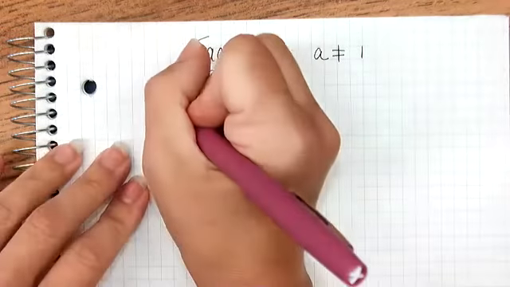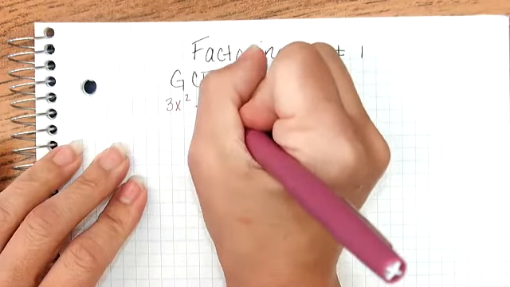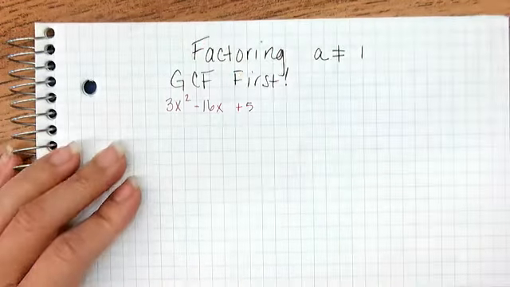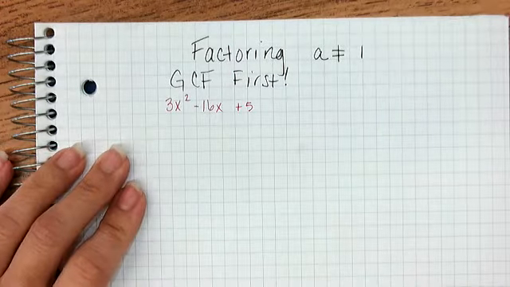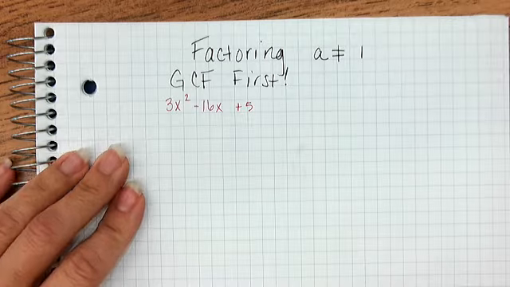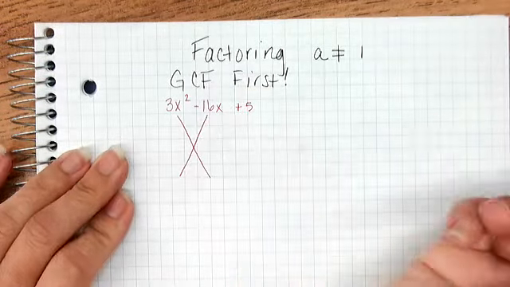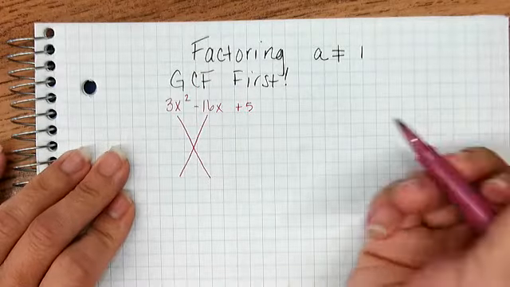Okay, I'm going to start with 3x squared minus 16x plus 5. Many of you learned the box method. If you learned guess and check, that's great. Regardless if you use the box or guess and check, I recommend that you start with the x first.